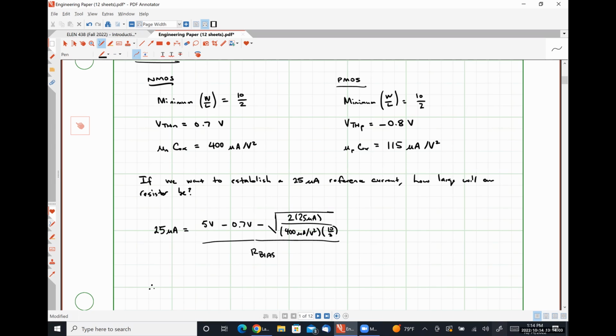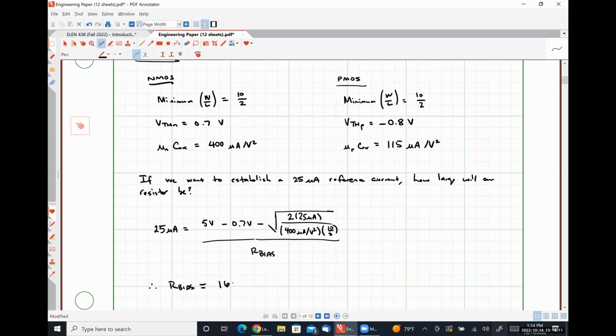And what we would find is that our bias resistor would come out to be 165.675 kilohms.